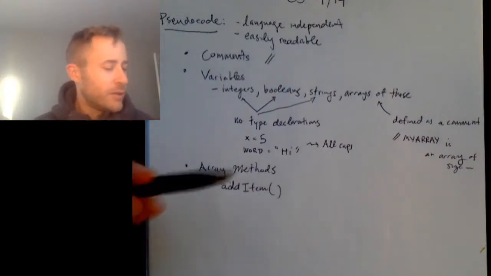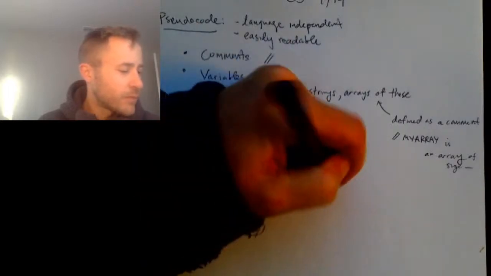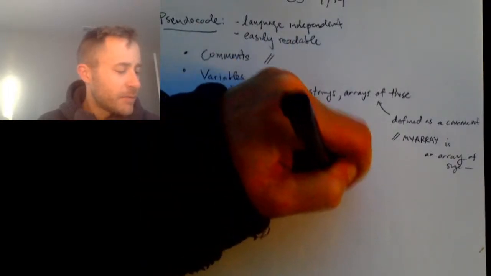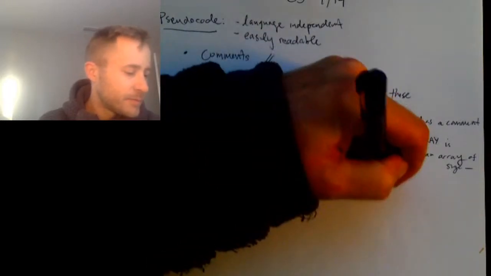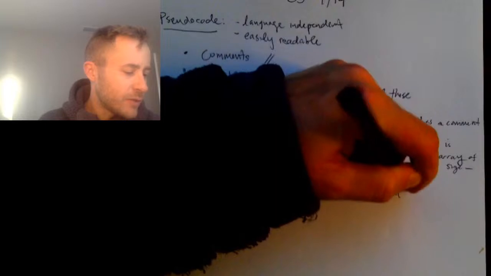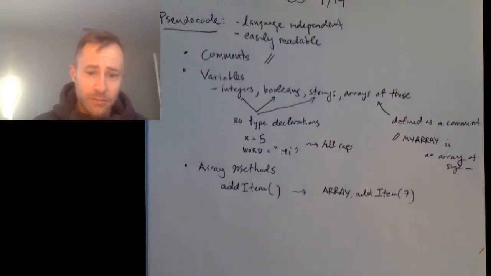For example, you could say array dot add item 7. You can only add it to the end.